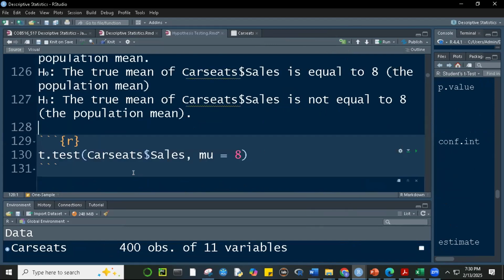So this is our t dot test. The data is car seats, dollar sales. And then we compare it with mu, which is the average population data.